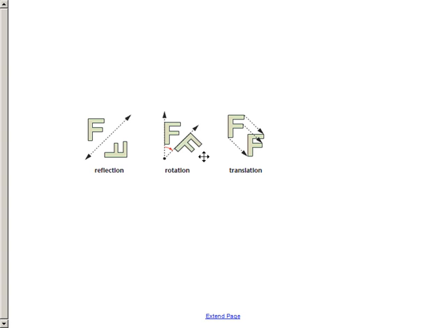So we can have a 90-degree rotation, a 180-degree rotation, a 270-degree rotation, and these would be going clockwise, the direction that the clock moves, or we can have a 90, 180, 270 rotation going counterclockwise. And then the third type of transformation is a translation, which is often called a slide. The pre-image slides to become the new image.